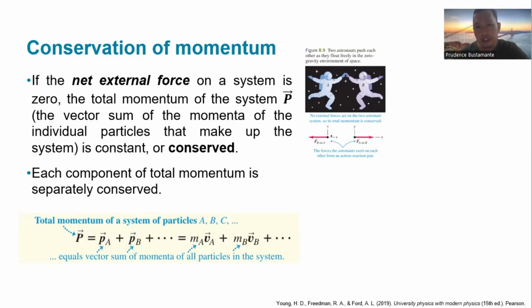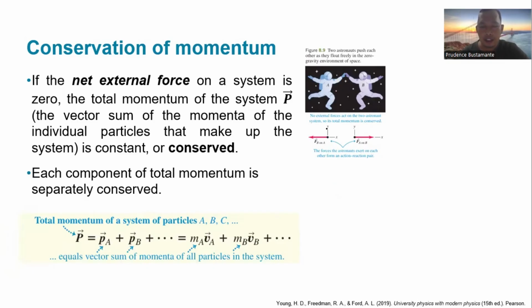If you look at this one, Newton's third law, they exert forces on each other. Force of A on B is, for example, positive, and force of B on A is negative. Let's look at what this really means.